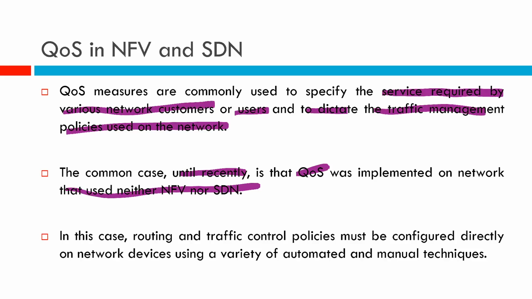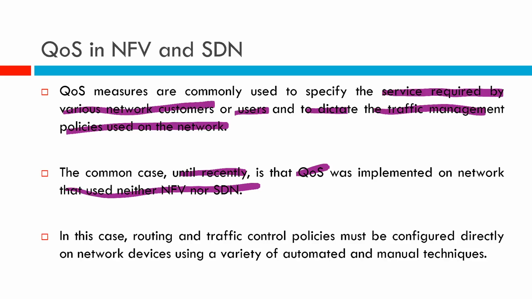So it's not much implemented, but in the future it will be, because quality of service is required. We want to achieve the customer experience and requirements to be met with NFV and SDN.